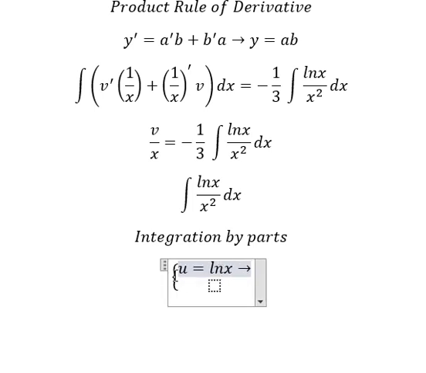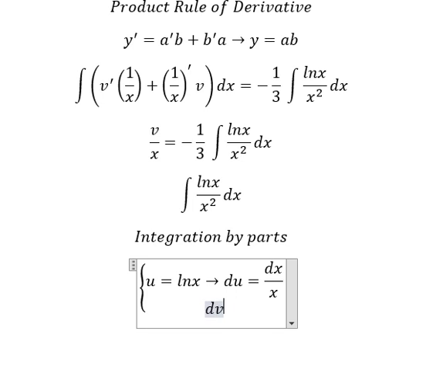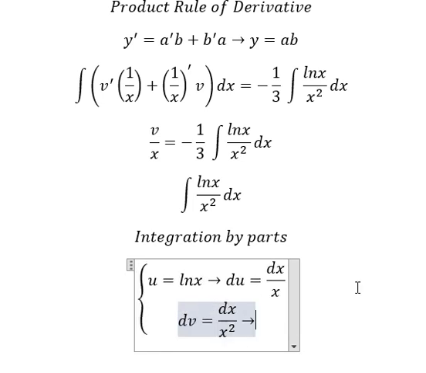Later, we take the first derivative for both sides, and we have du equals ds over s. dv is ds over s squared. The integration of this one, we have v equal to negative 1 over s.